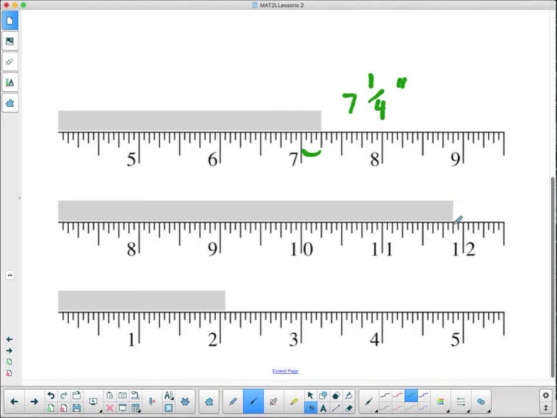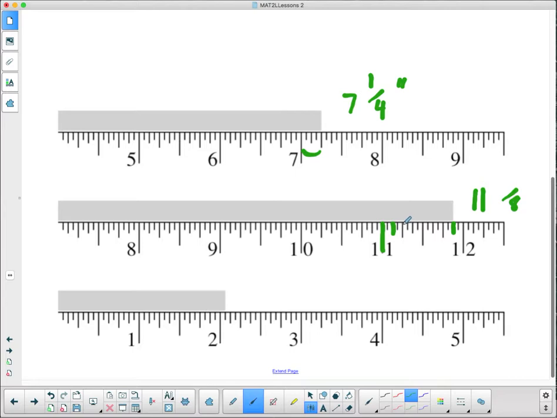Now let's take a look at the next one here. Where does it land? Well, it's not the smallest bar, so it's not 16ths. It's the next smallest bar, which means that it must be eighths. Now we have to figure out how many eighths it is past 11. Here's the 11, so we know that that's our whole, and we have to figure out how many eighths it is. Now the eighths are the second longest bars, so we're going to count them.